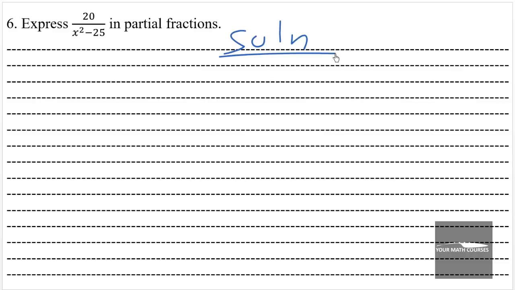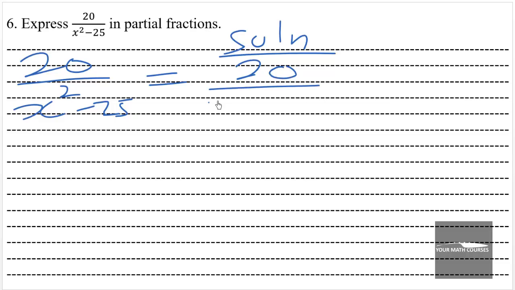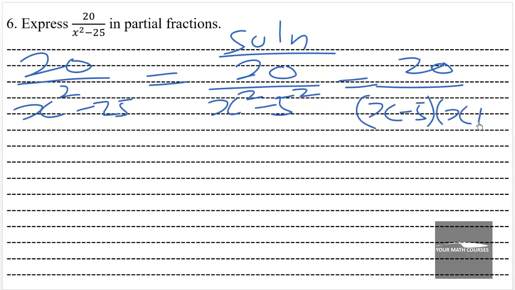First we have to factor the denominator of 20 over x squared minus 25, and that will give us a difference of squares, x squared minus 5 squared, which gives us x minus 5 times x plus 5.